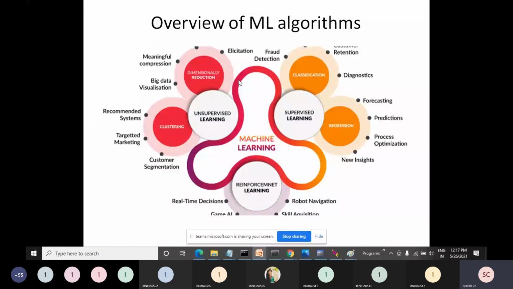Robot navigation, driverless car, real-time decisions, game AI, our checkers game, chess game, right? All these things come under the category of reinforcement learning. So just imagine I created a machine learning model to play the chess game, and I gave training examples of only Vishwanathan Anand.